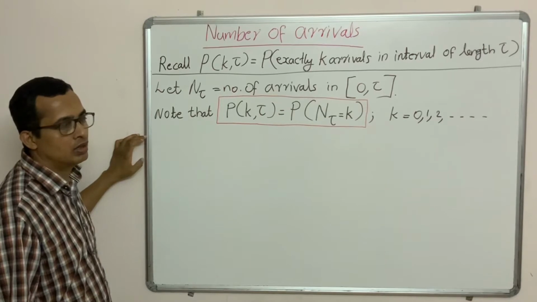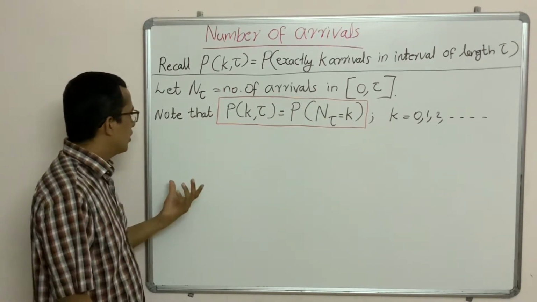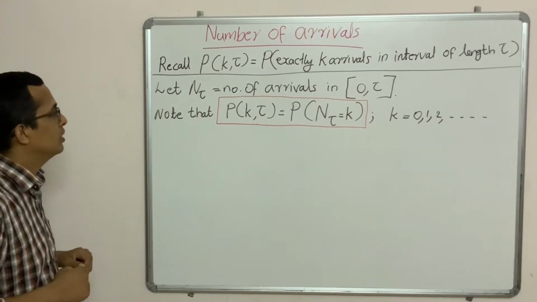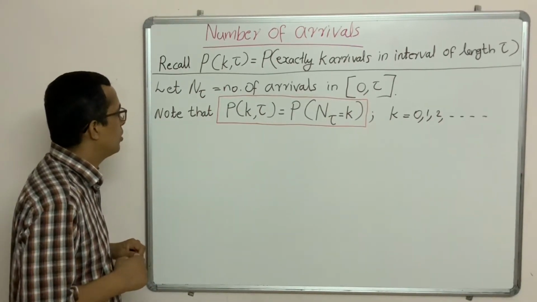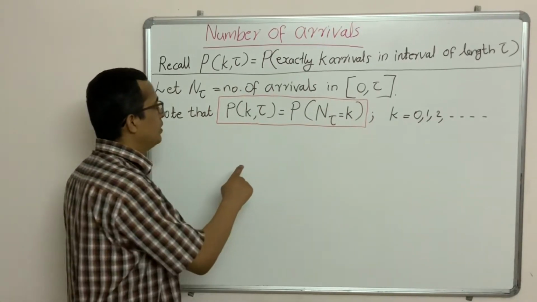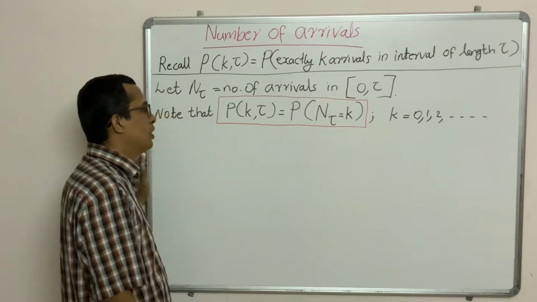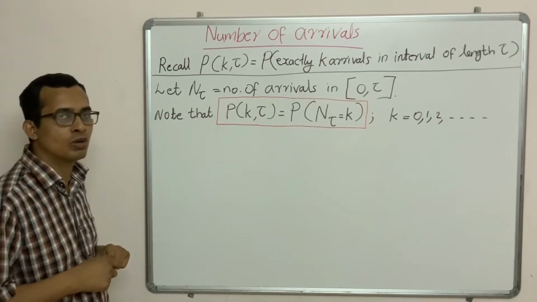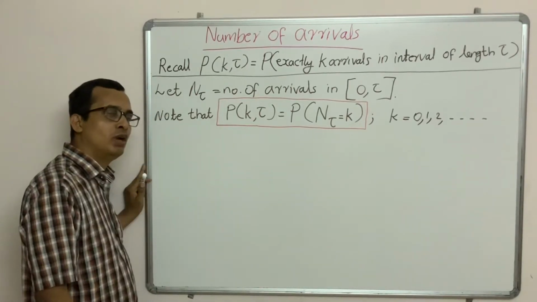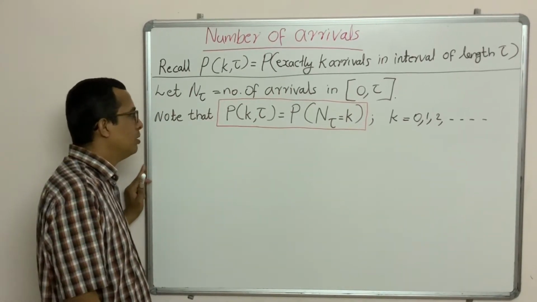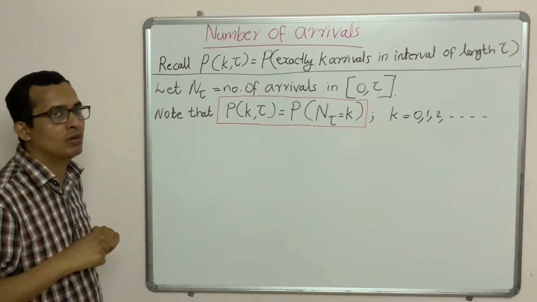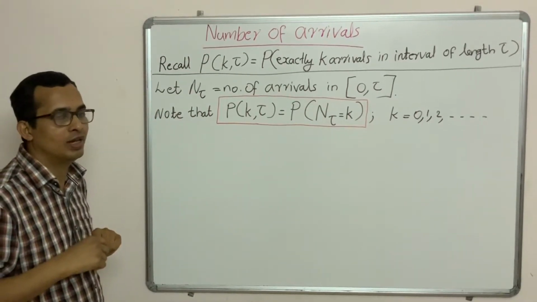To that end, the first observation is that P_k(tau), the probability of exactly k arrivals in the interval 0 to tau, I can rewrite in terms of N tau. It's the probability of N tau equal to k, the number of arrivals in the interval 0 to tau equal to k. So N tau denotes the number of arrivals in an interval of length tau.